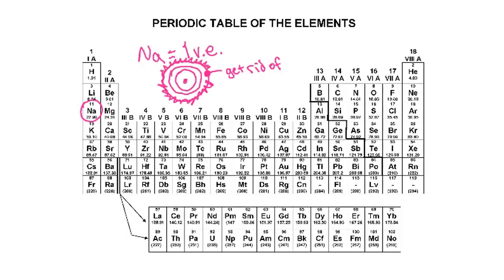And so sodium would have just the inner shell, which is complete. The inner shells are complete with 8 electrons in it. Same thing over here for magnesium. Let's see, magnesium has 2 electrons in its outer shell.